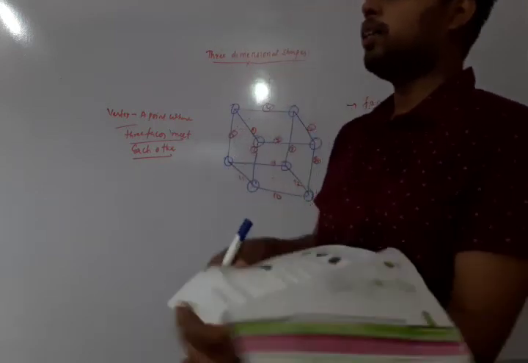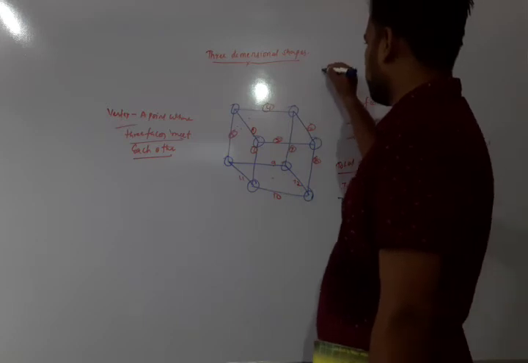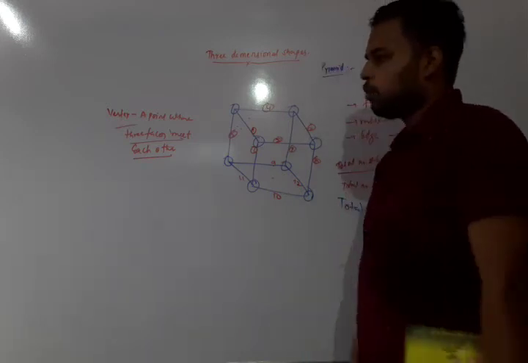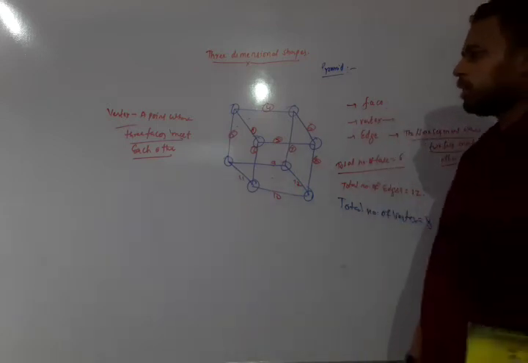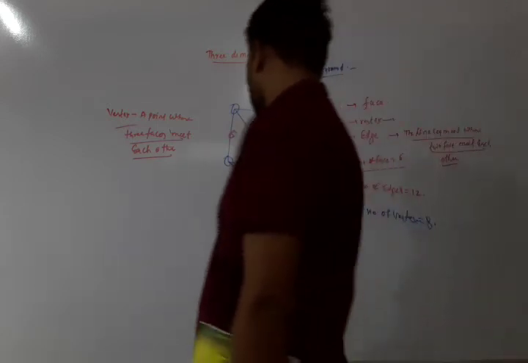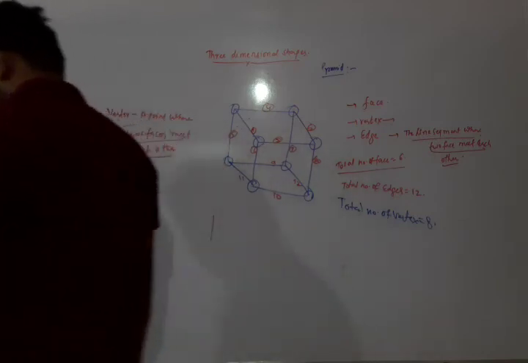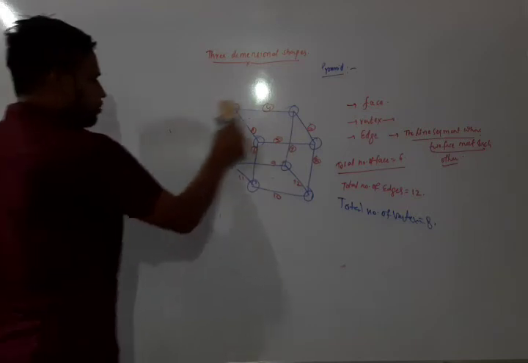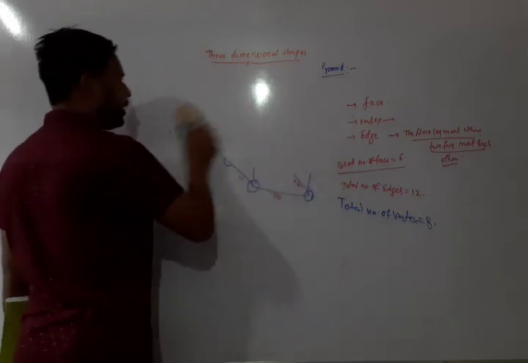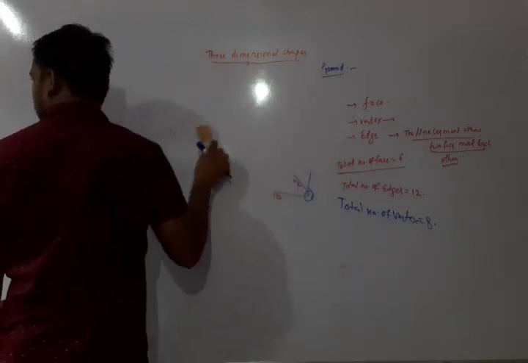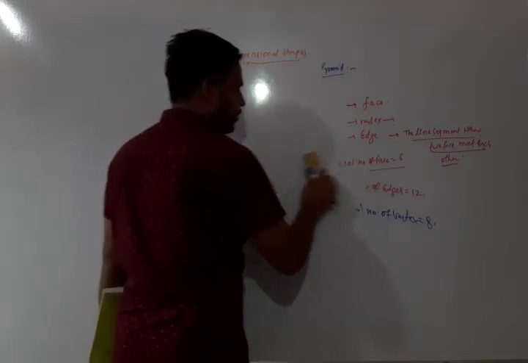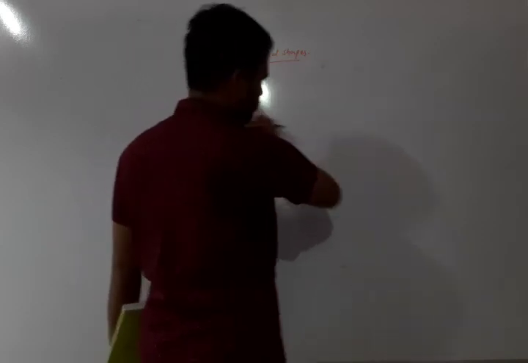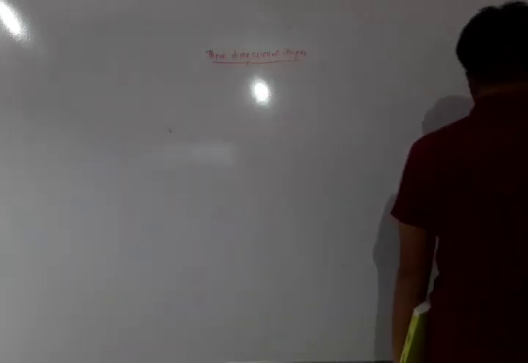Next, coming to pyramid. A pyramid is a figure that is made on any base figure. The base can be rectangular or any figure, and the remaining faces will be made of triangles.